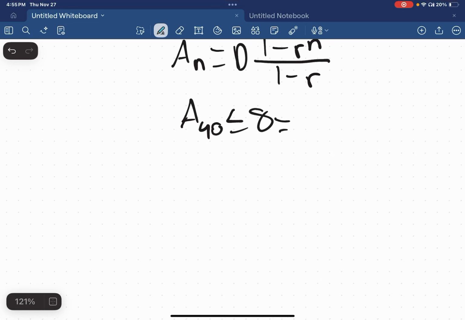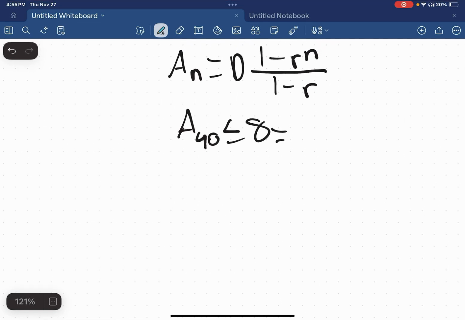Which means that 8 has to be greater than or equal to the amount of drug in his body.